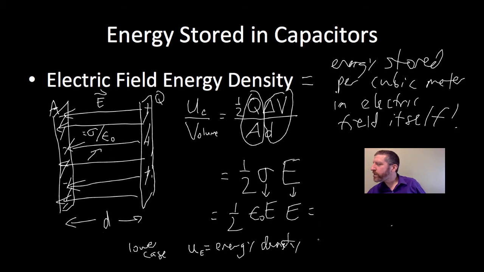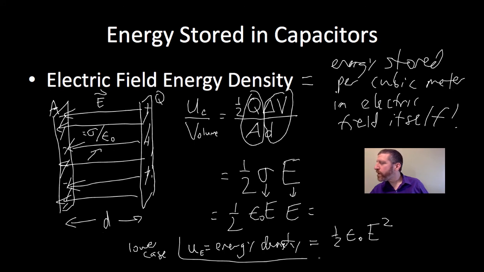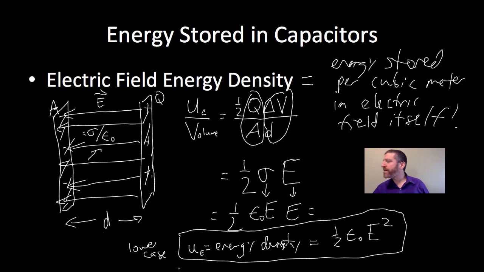It's a lowercase u, and that is equal to 1/2 epsilon naught times E squared, which is a very useful thing. Even if you don't have a capacitor, this is the energy per cubic meter stored in any electric field. If you've got an electric field, it takes energy to create that, and that is the energy density.